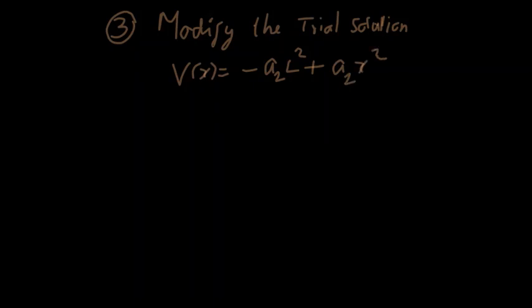I can rewrite this equation as v of x is equal to a2, which is common, I can take it outside, into x squared minus L squared. So all I need to do is get the value of a2.